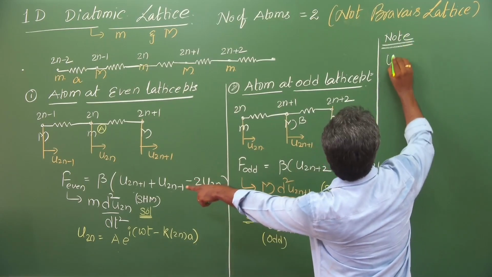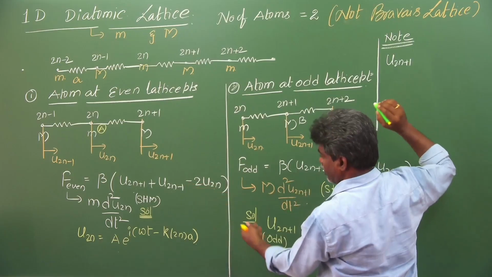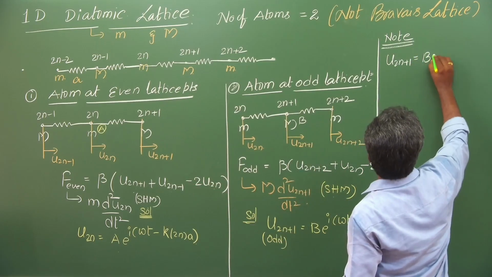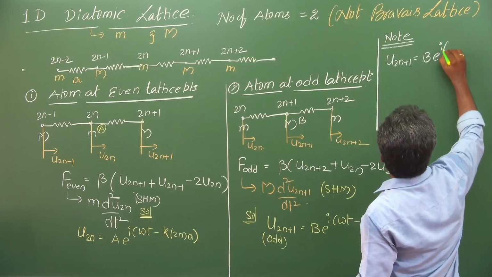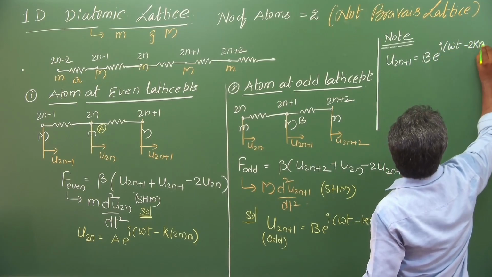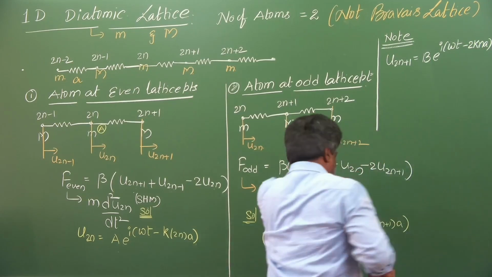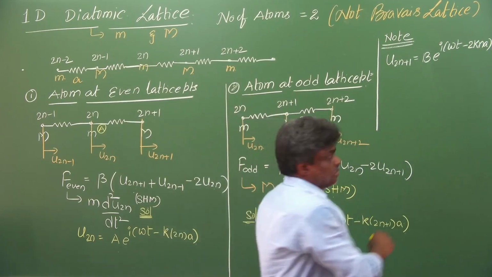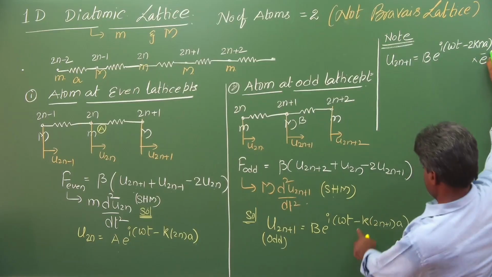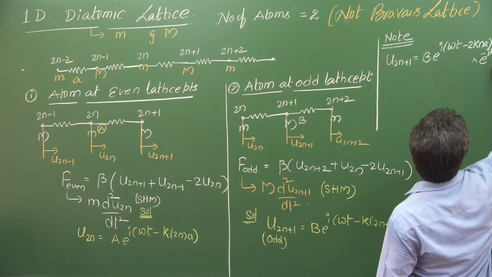I want u2n plus 1. Oh, it's not there. It's there. So how much is it? B e raised to i omega t into e raised to minus i k a. Check.